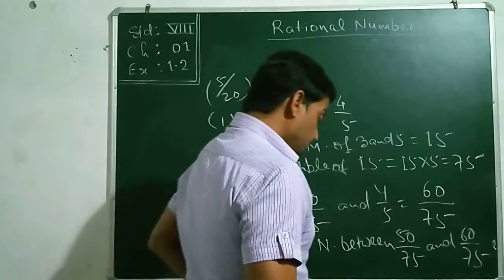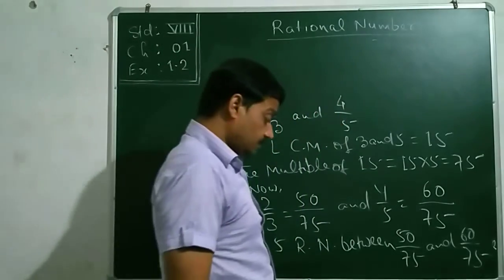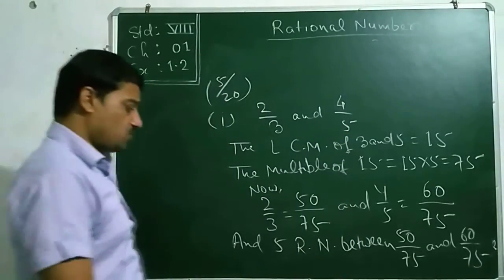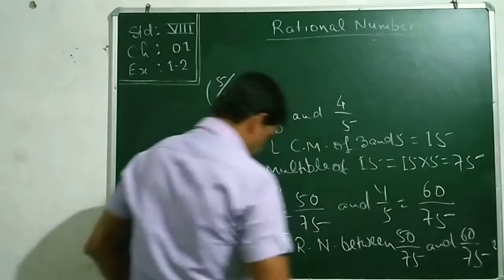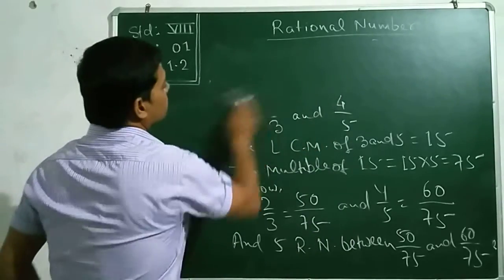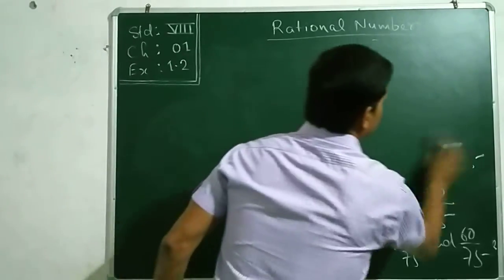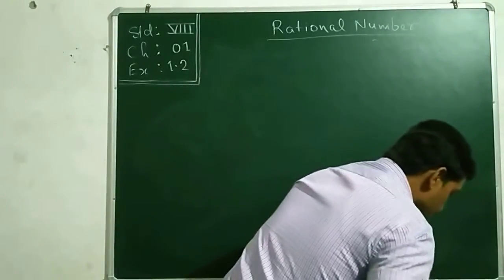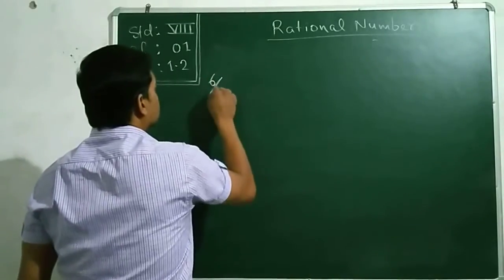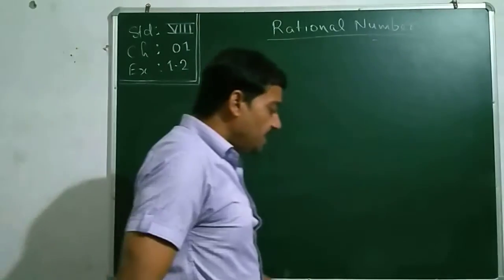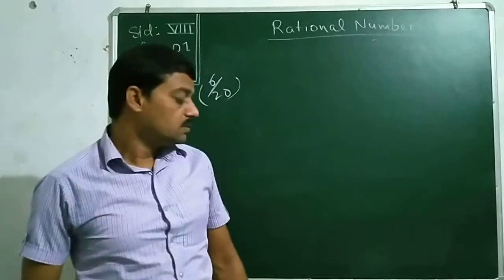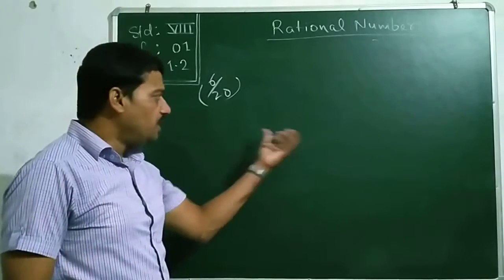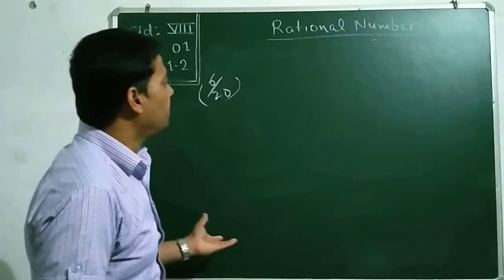Once again, in the 6 number sum, 5 rational numbers greater than -2 have been asked. If you remind yourself of the 3 number sum, there also we were asked to find numbers. Similarly, we will find them.